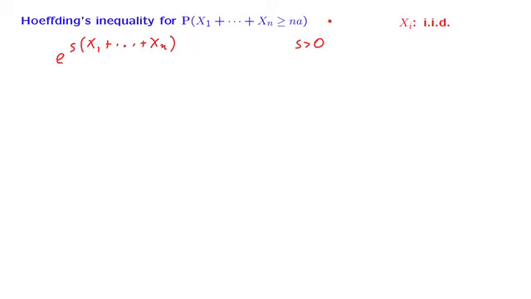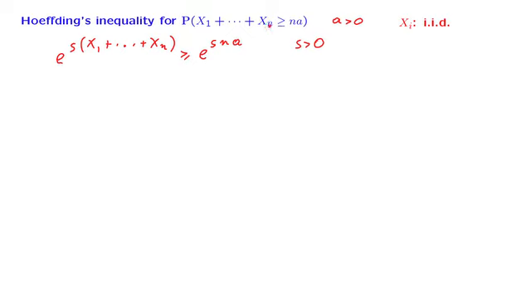And throughout, we're also assuming that a is also a positive number. Now we look at this quantity, and the event that this quantity is larger than or equal to e to the s n times a.